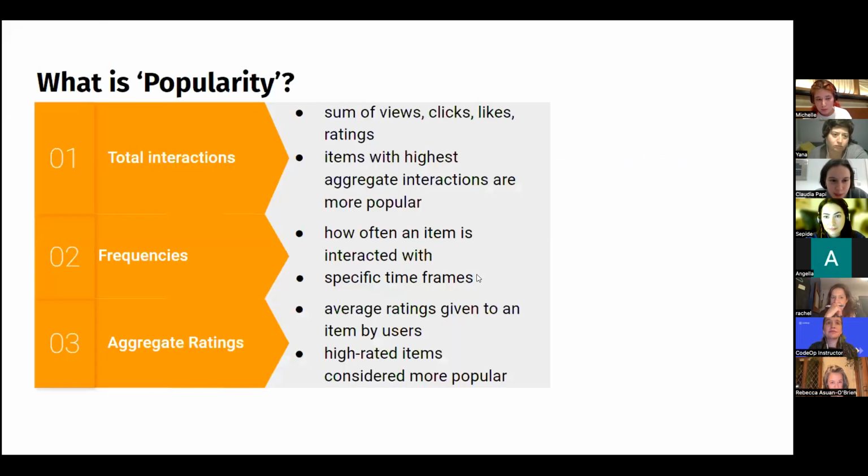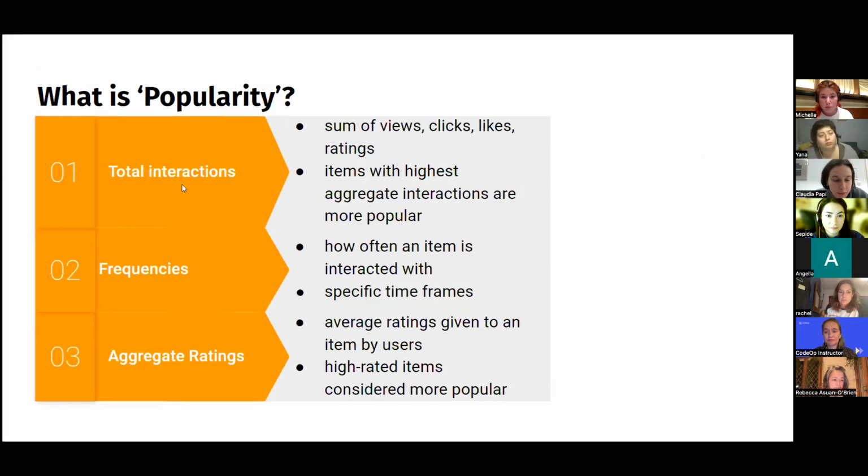It relies on popularity. Something to clarify is what we mean by popularity. It can rely on different things depending on the data set you're using. Ours was pretty limited because we didn't have the title and all we had was the rating. We also had a summary with some comments, but we didn't really use that.